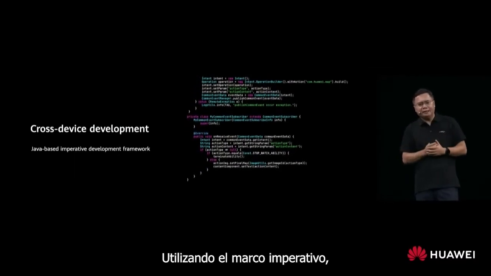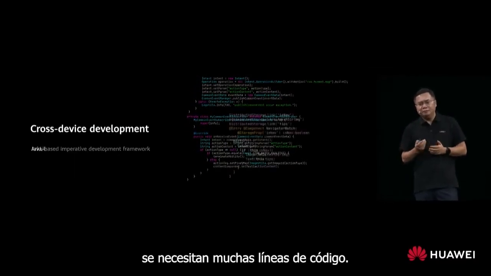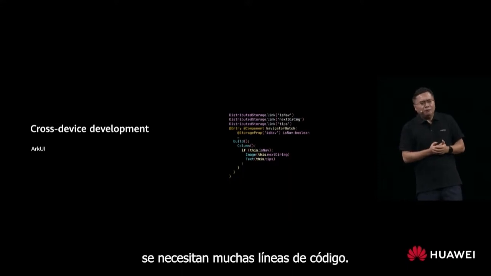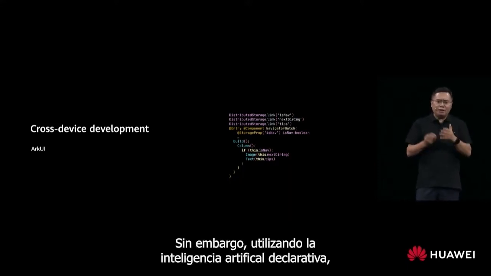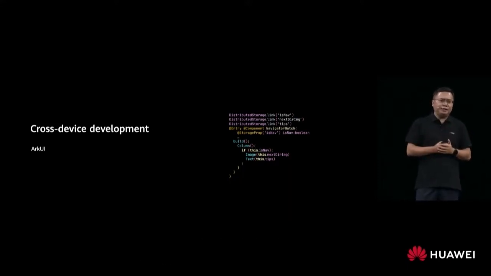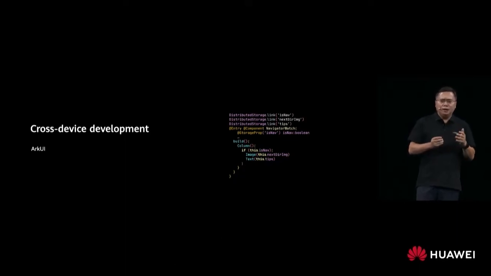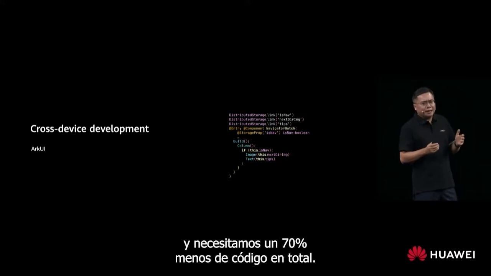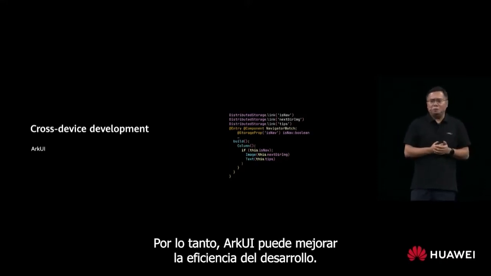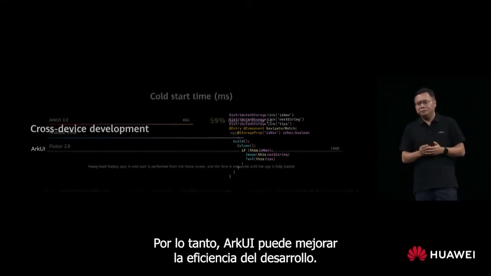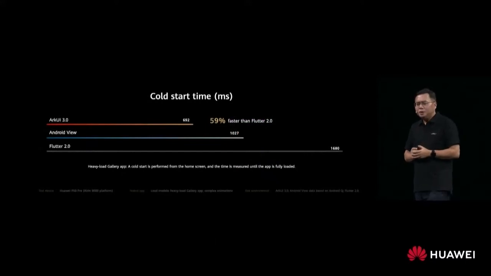Using an imperative framework, you see there are a lot of lines of code needed. However, using the declarative Arc UI, we just need a few lines of code, and we need 70% less code in total. So the Arc UI can improve the development efficiency.